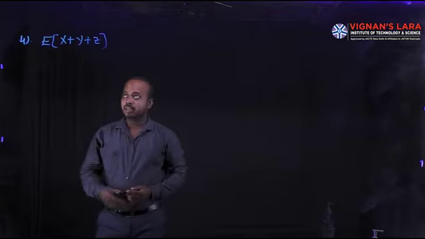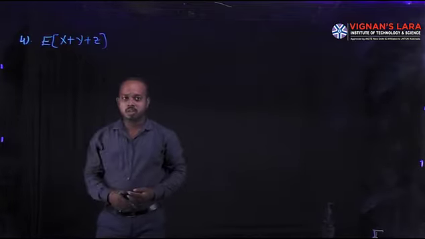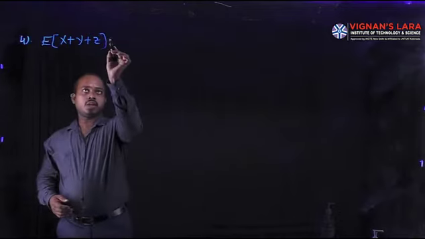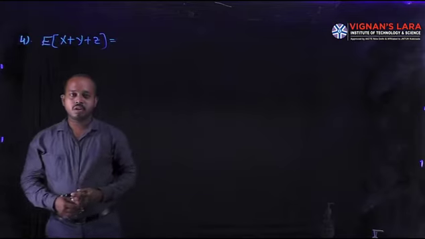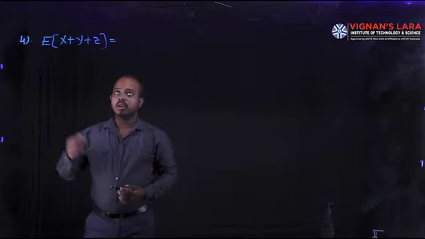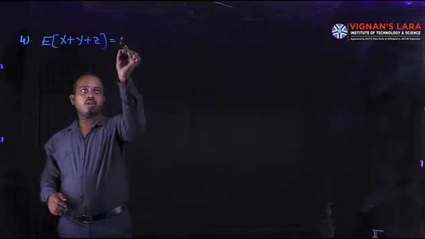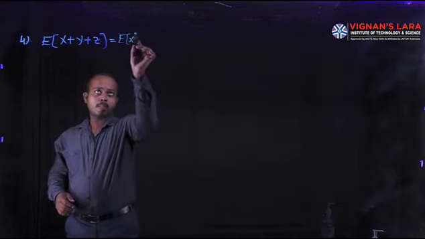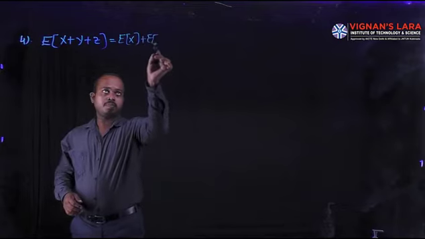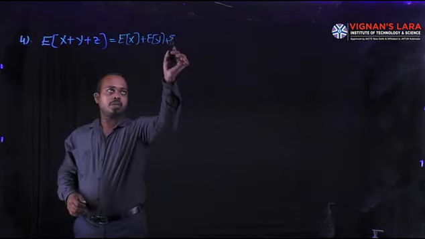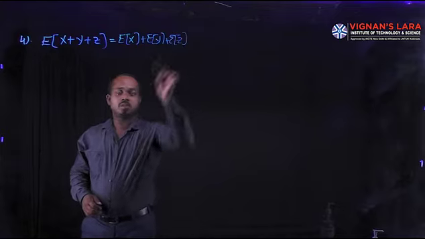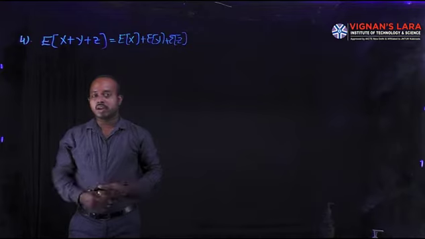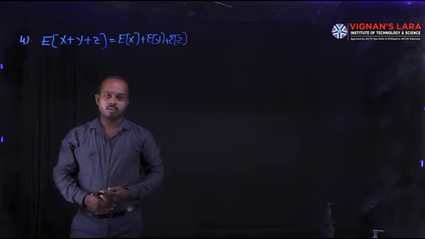Suppose you have a larger number of random variables, you can represent their individual quantities. These are independent random variables. We can represent the expectation of this sum as the individual summation: expectation of x plus expectation of y plus expectation of z. This property we are mainly discussing when the random variables are independent.